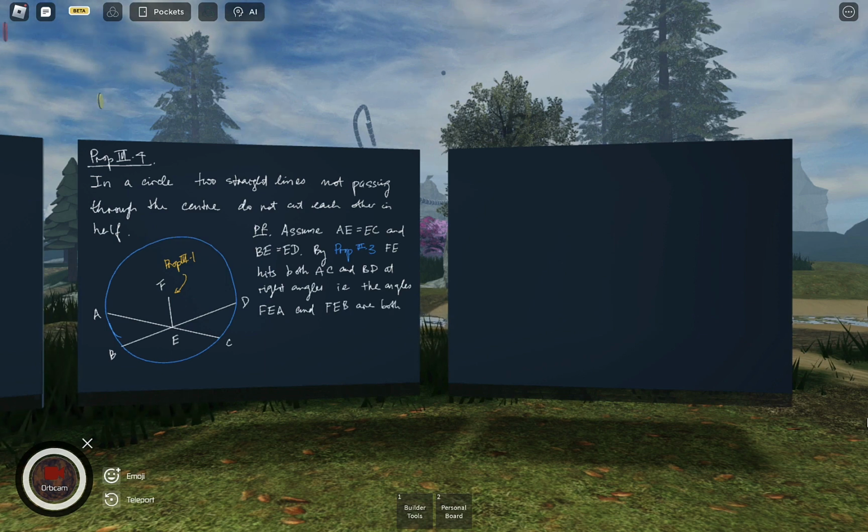Just saying the same thing with labels. In particular, they're equal, right? And we can see that that's not possible because one is part of the other. So this is impossible.